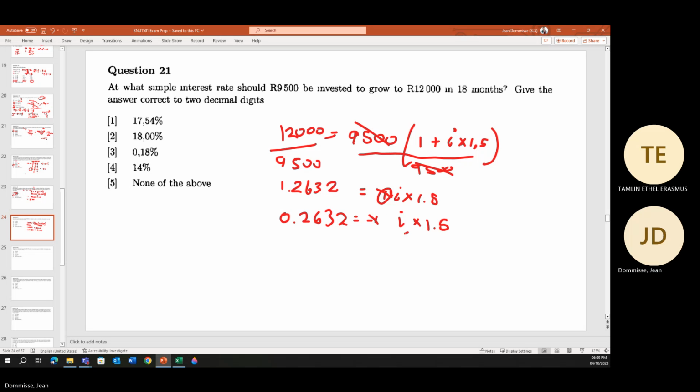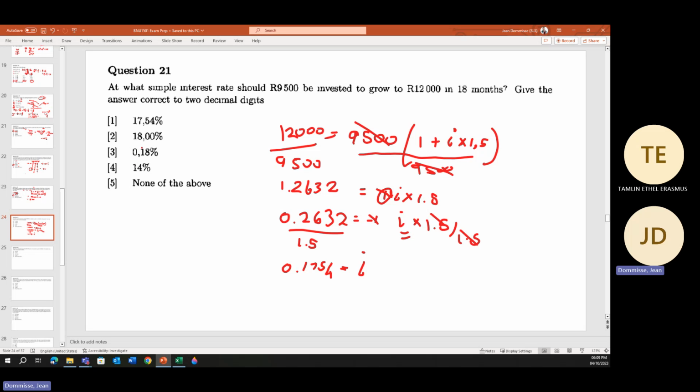Then the last thing, to isolate I, I need to divide on both sides by 1.5. So I will be equal to 0.1754.